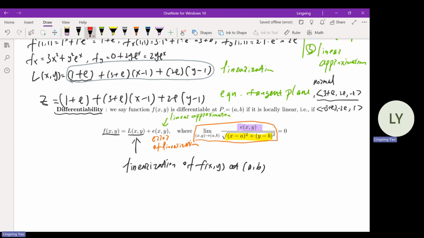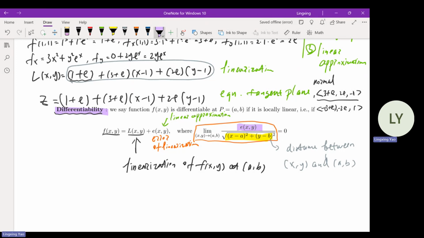This quantity is indeed the distance between 2 points. One point is x, y and the point A, B.